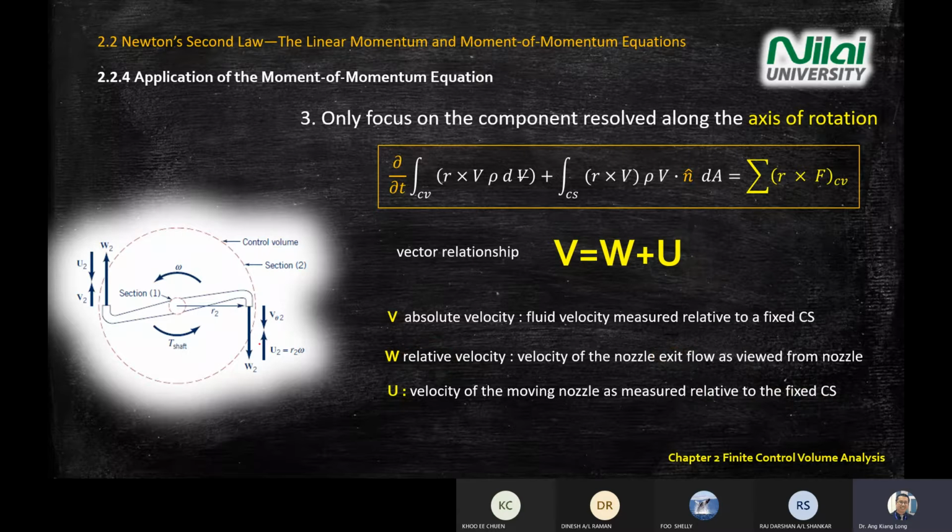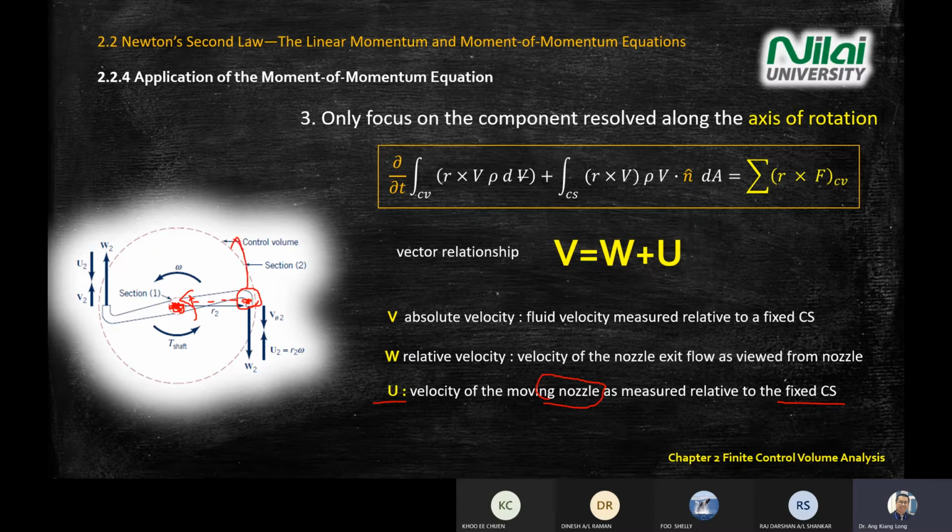Then the third one, how do you get U? U is nozzle. Where does the nozzle move? Here we refer to a fixed coordinate system. Either you sit here or here, or maybe it's better you sit at the center, and you look at the nozzle. What happened to this component? Does it move up or move down? So U, in this case, moved up.